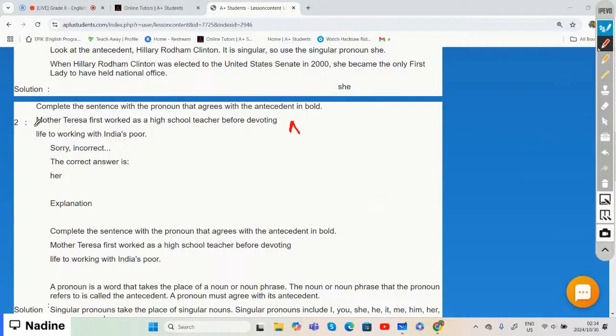So which means that we will say Mother Teresa first worked as a high school teacher before devoting, it's not she, before devoting her life to working with India's poor, which means that her refers to Mother Teresa.